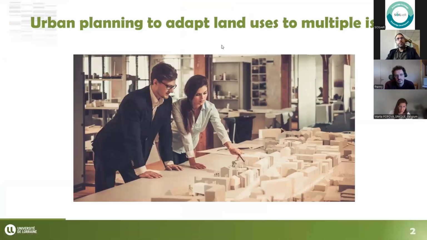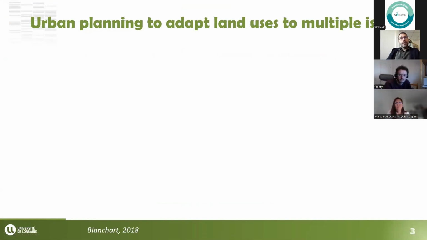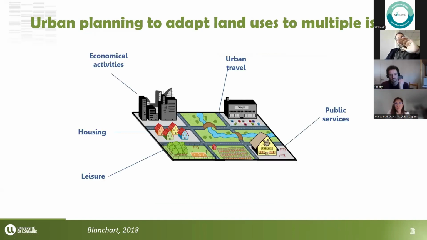So very briefly, because I guess that you're all aware of that, urban planners have many issues to deal with when defining the future land uses. To put it in a very simple way, they have to provide support for economic activities, for housing, places for leisure, or for public services, and design infrastructures for urban travel.